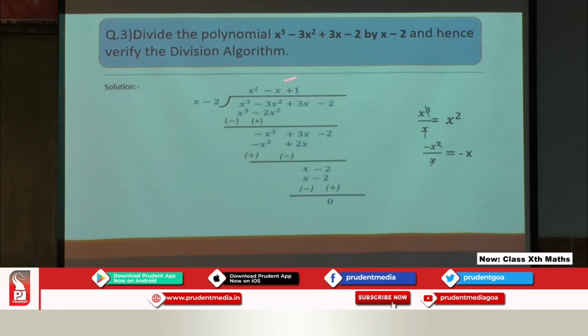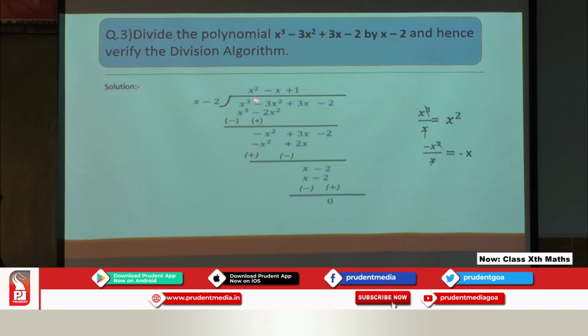Here, after finding the quotient and the remainder, we should verify the result. Here p of x is x cube minus 3x square plus 3x minus 2, and g of x is x minus 2. So now we should divide x cube minus 3x square plus 3x minus 2 by x minus 2.